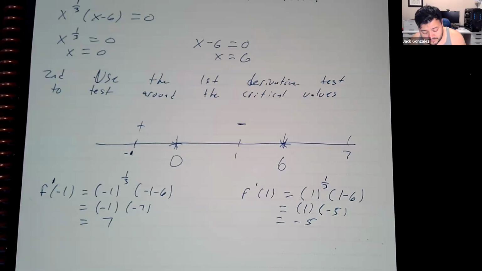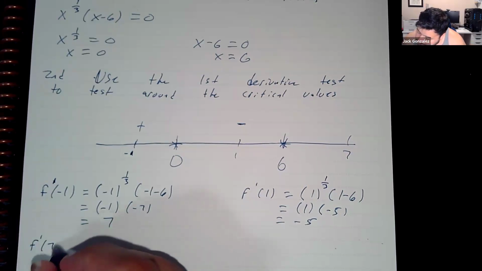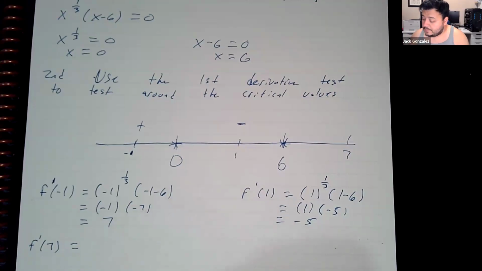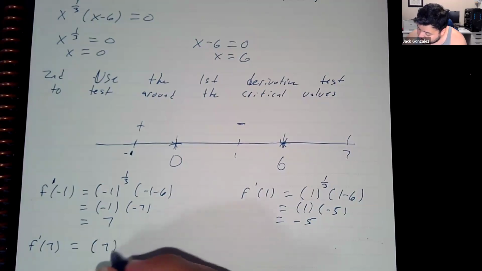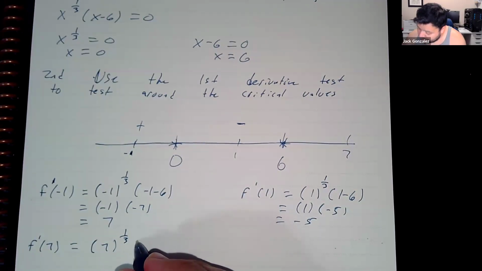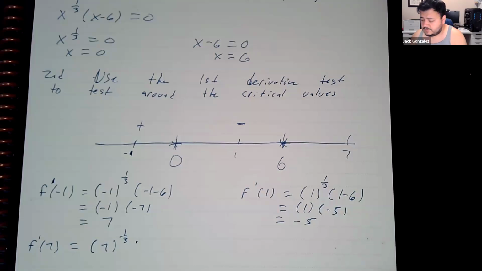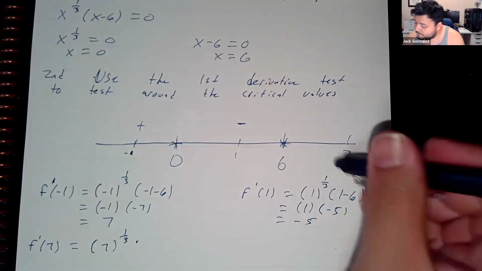Now let's plug in anything above 6. That'll be 7 to the 1/3 times... actually, you know what? 8 would be better because that has a cube root.